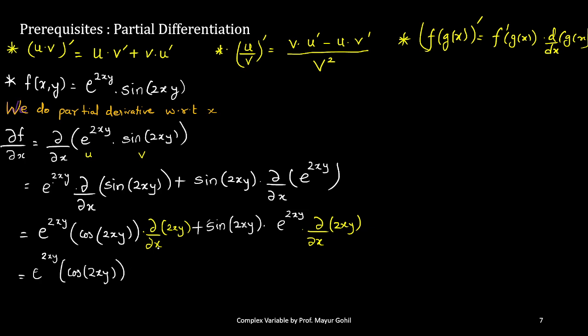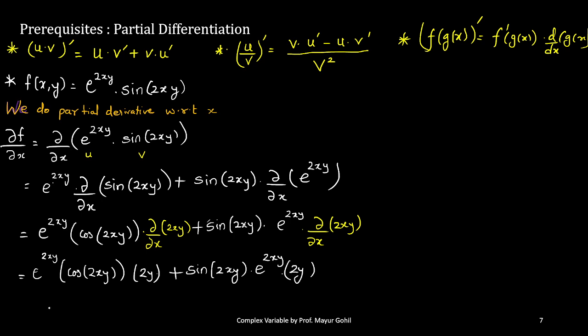And now see, in 2xy, 2y is constant and x is the variable. So we will have 2y outside, the derivative of x with respect to x is 1, so the answer is 2y. Okay, and then sine 2xy. I'll just write it like this, it's better. Sine 2xy, and here you have e to the power 2xy, and again here we have 2y sitting there.